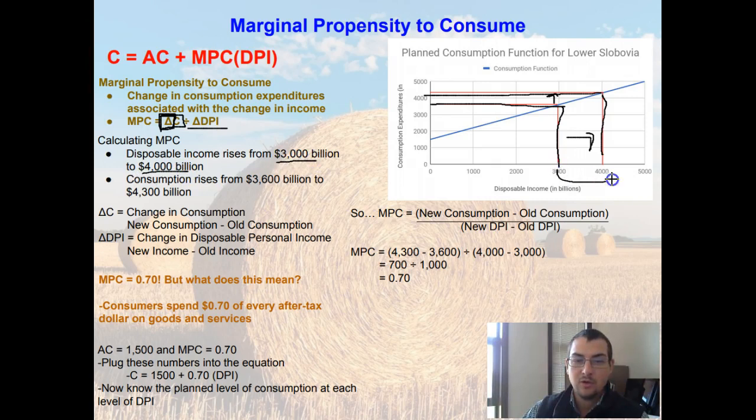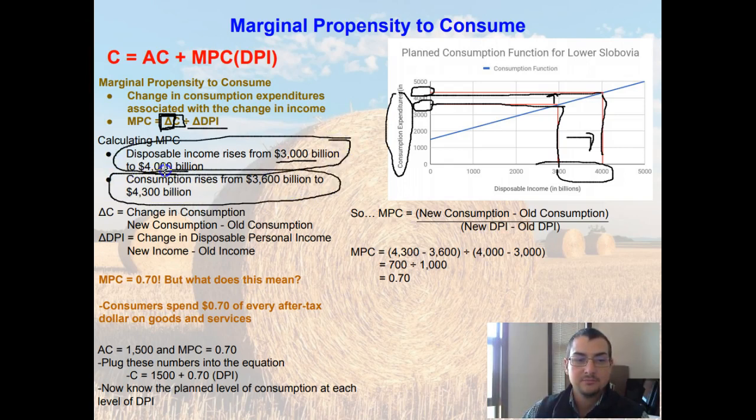That's shown right here. Then consumption, remember this is consumer consumption expenditures, rises from this $3,600 billion to this $4,300 billion. So here we're seeing a change in disposable income and a change in consumption.